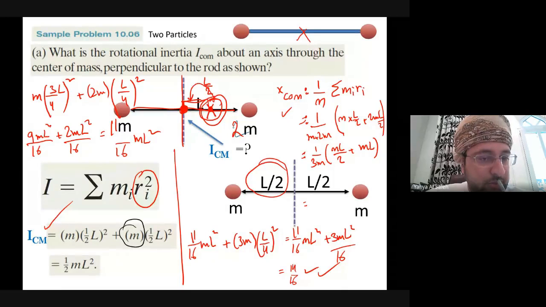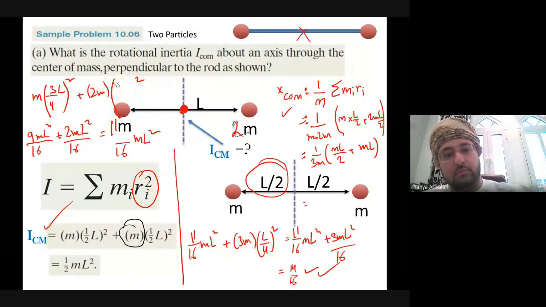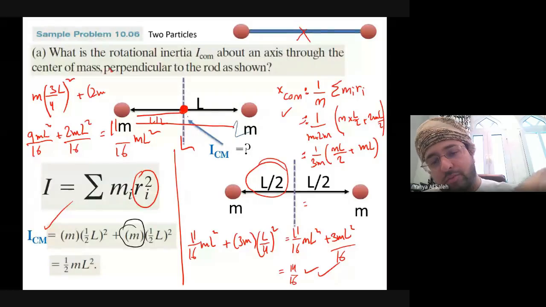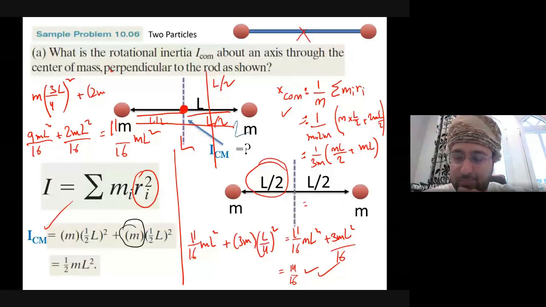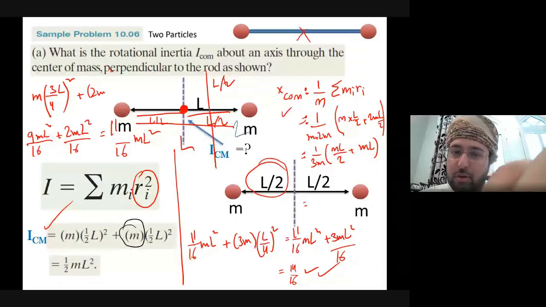Where did you get 3L over 4 from? Well, because the whole rod is L, half of it is L over 2, half of the half is L over 4. Sorry, L over 4.